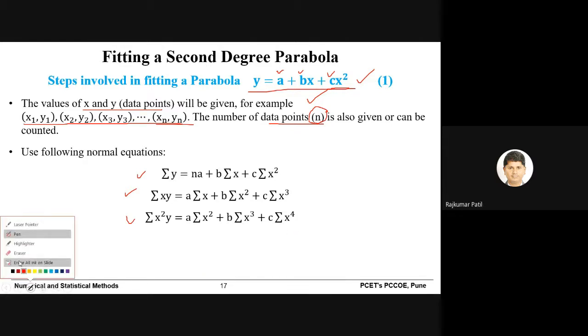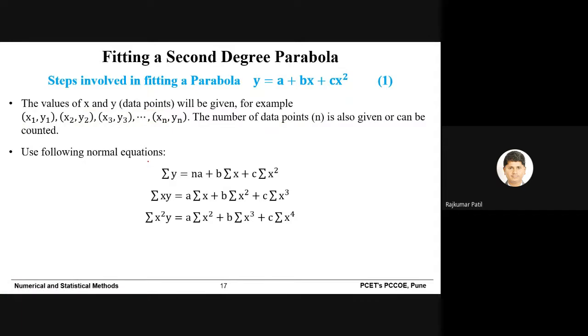Now in the case of the linear equation, we have seen only two normal equations, and you can see I have bracketed some part of these normal equations. The bracketed part gives the two normal equations which we already used for the linear type of problem, that is summation y is equal to na plus b summation x, and summation xy is equal to a summation x plus b summation x square.